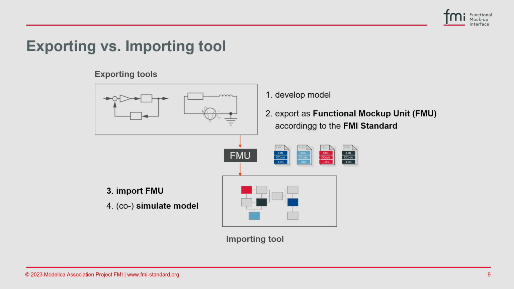And the interface, this is about this FMI standard, which explains in which form this FMU has to be exported. And then the importing tool can take it independently from where it was exported, because it's agnostic to where it comes from. It only looks at the interface. And then in the importing tool, you can simulate it or combine it with other models, co-simulate it, whatever. That's the basic idea.